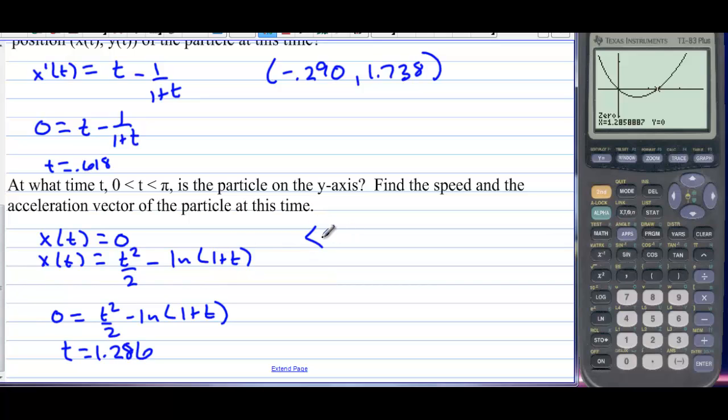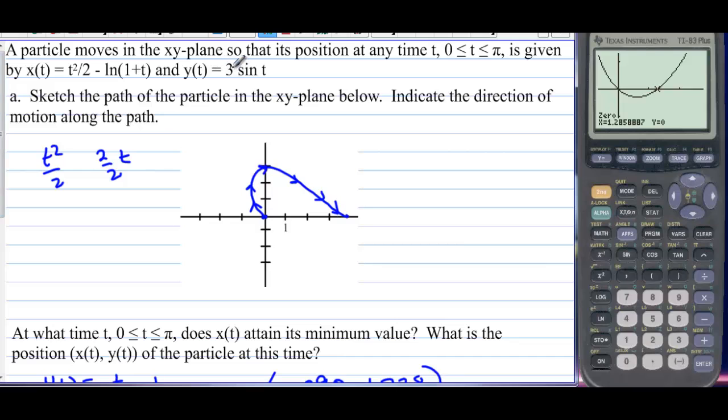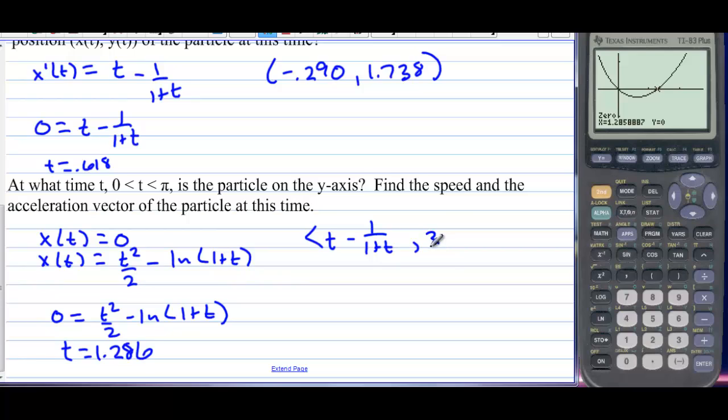So the velocity vector is t minus 1 over 1 plus t. We need the y coordinate of the velocity vector, which will be 3 cosine. We need to take the derivative of y. 3 cosine of t.